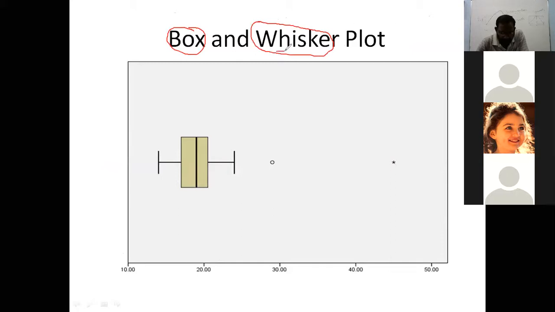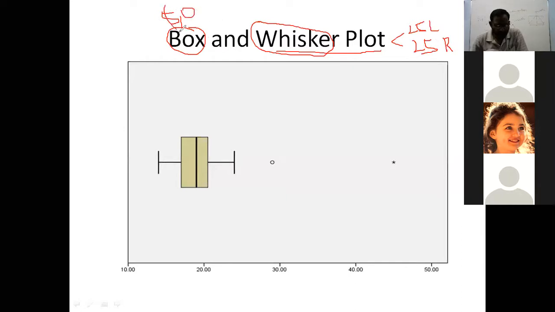Whisker plot explains the rest of the 50% of the data. What do you mean by the rest 50% of the data? That means 25% of the data on your left side, which I will put as L, and the other 25% of the data on your right side. So this is how the box plot and Whisker plot work. The box plot explains 50% of the data in the middle.